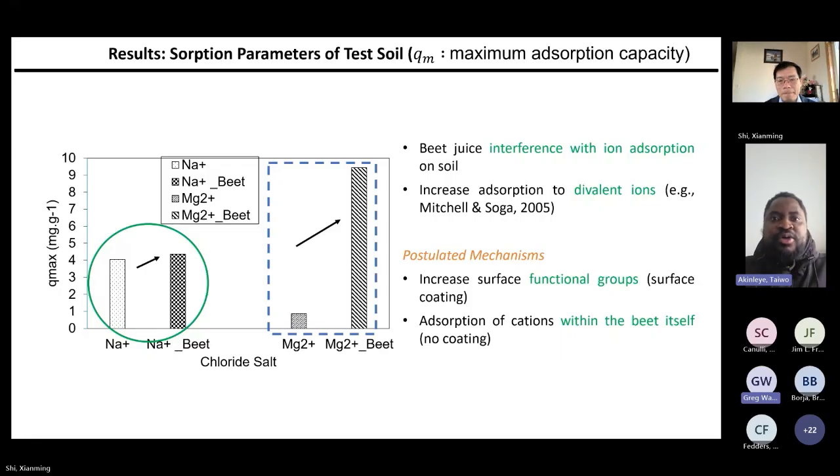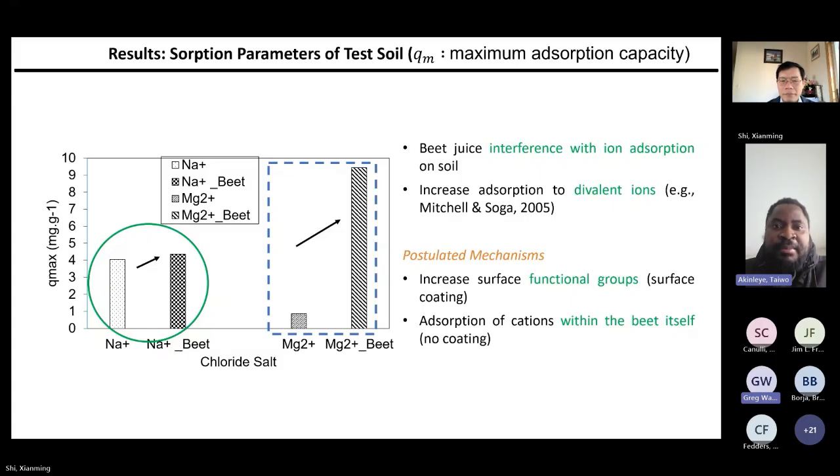Now, if you look at the parameters that are very important, Qmax, which I explained the other time, is the maximum adsorption capacity of the soil, which means the maximum adsorbed cation on the soil surface. If you use that to explain our results, look at conditions where you have sodium, and then when you introduce beet juice, you can see the differences in the Qmax, which is the adsorption of the cations on these soils.